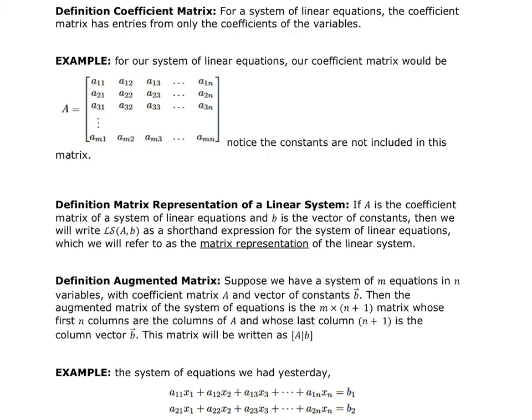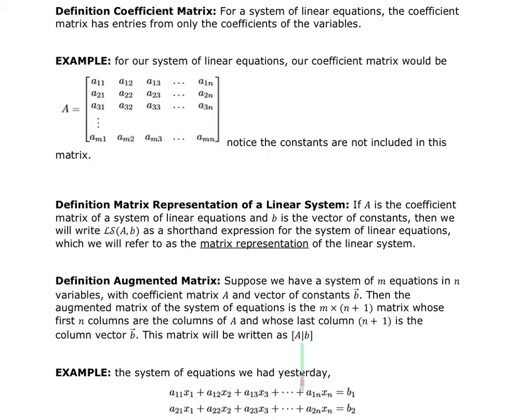Now, the first matrix that I showed you up above is what we have called the augmented matrix. It takes your coefficient matrix and adds on that column vector, or in other words, it adds the constants on as the last column of the matrix. And you'll see it written like this. This notation means that I am looking at an augmented matrix.